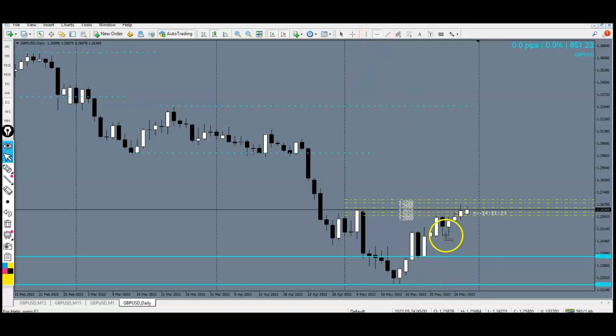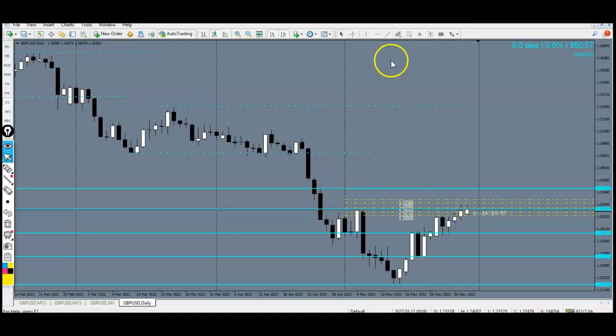We could say there was one here as well. Around this level, sometimes it hit it, it went above it. So let's put it that way. That's my preference. And I think there's one here right now. It's not broken and closed above it. And then perhaps let's put one there. And let's put one there for the longer term.